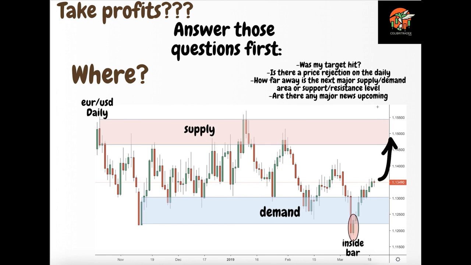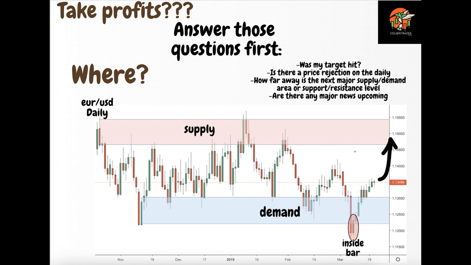But if, let's say, we have a bearish rejection, then price continues climbing higher above the supply area, we might experience a major reversal and a breakout above this supply zone. So there is not much of a reason to take money off the table or close your trade if the daily chart is not confirming that scenario.